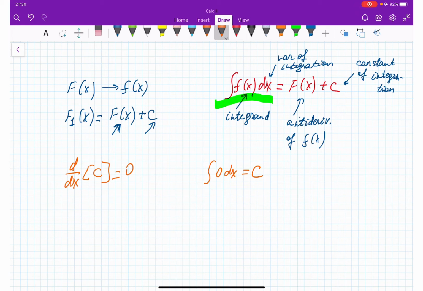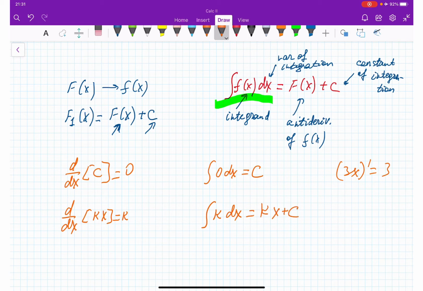So, if we have d by dx of kx, it is equal to k, right? For example, the derivative of 3x is going to equal 3. Then the integral of k dx is going to be equal to kx plus c. Which means from here we are coming backwards.